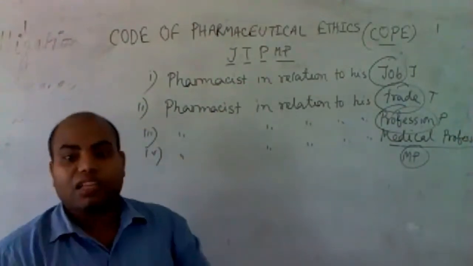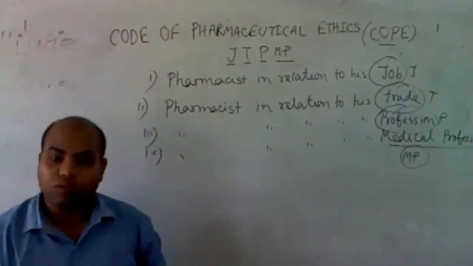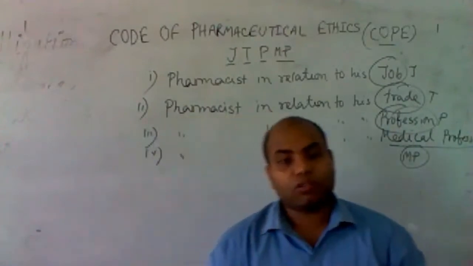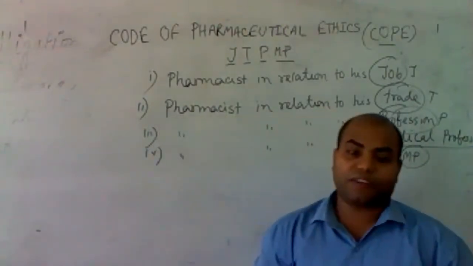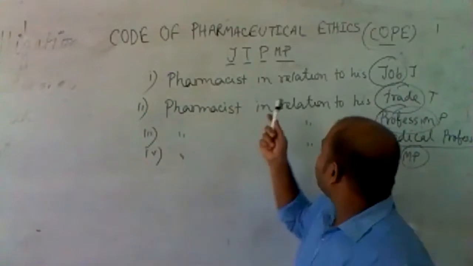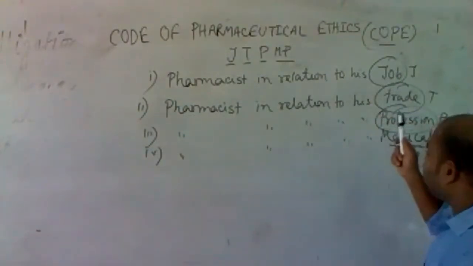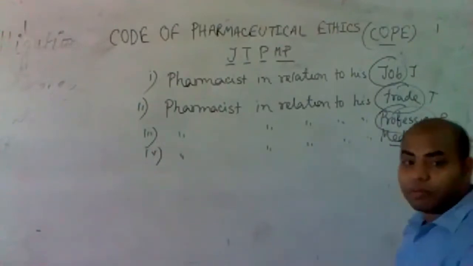So ethics generally allow us to understand the betterment of our profession. So there is some responsibility as a pharmacist towards our job, towards our trade, towards our profession, towards the medical profession.